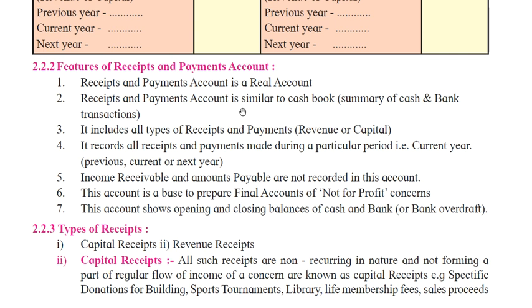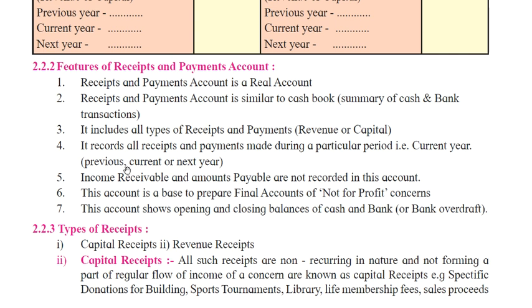The third feature is that it includes all types of receipts and payments, revenue or capital. It records all receipts and payments made during a particular period, whether of the current year, previous year or next year.